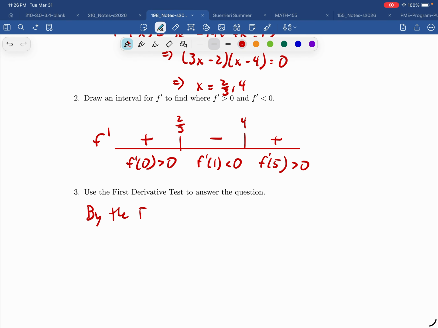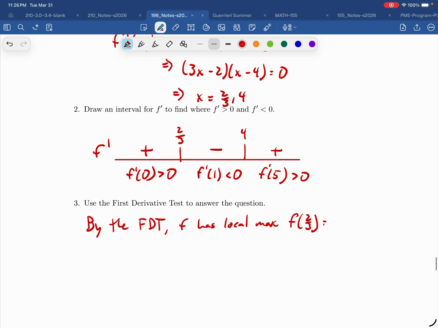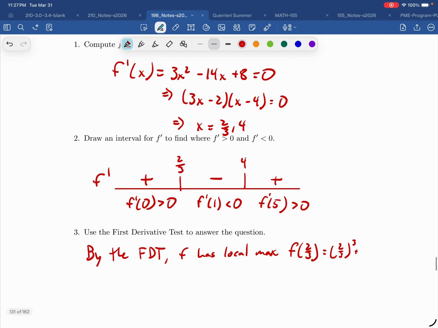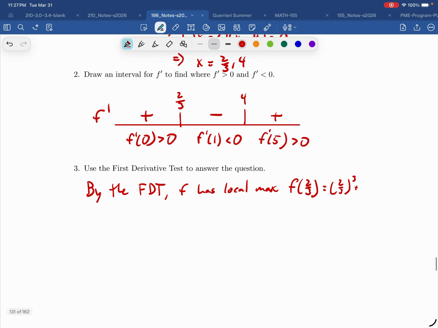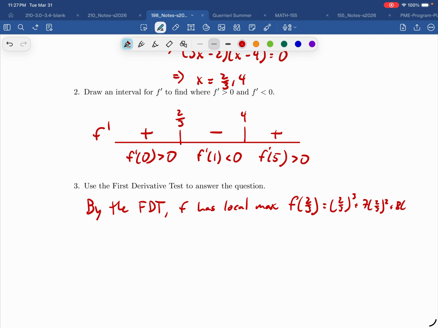By the first derivative test, I'll abbreviate it as FDT, f has local maximum f of 2/3, which equals, I don't want to simplify it, but it's 2/3 cubed plus 7 times 2/3 squared plus 8 times 2/3 plus 16.